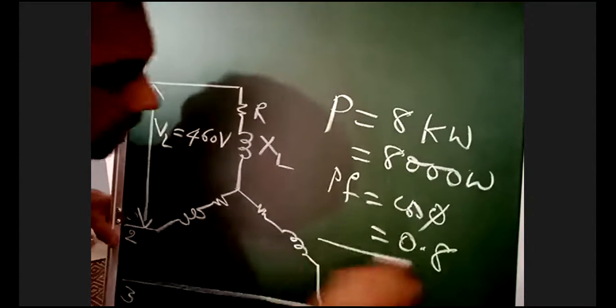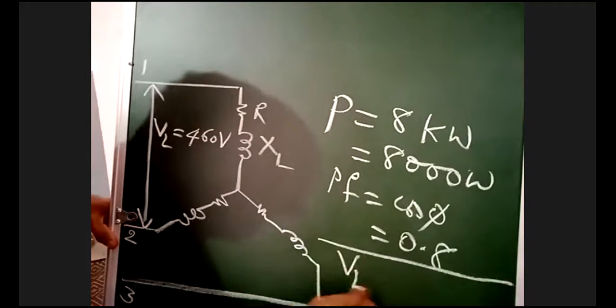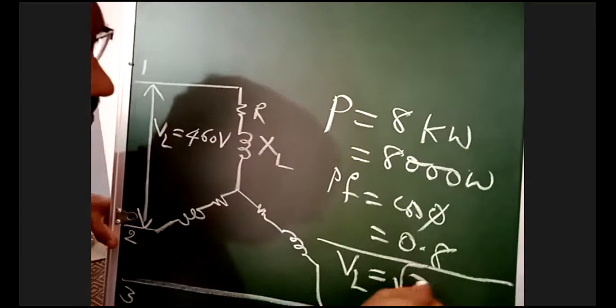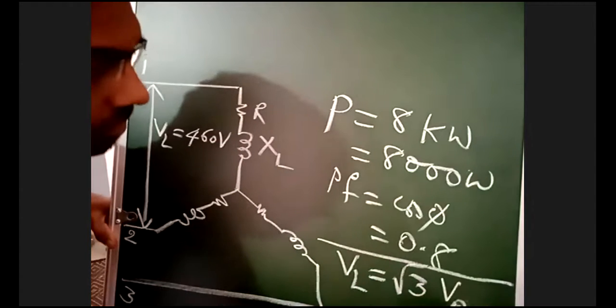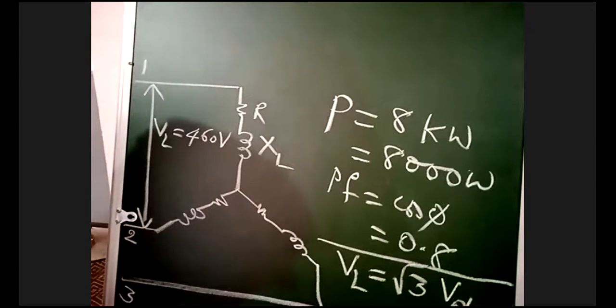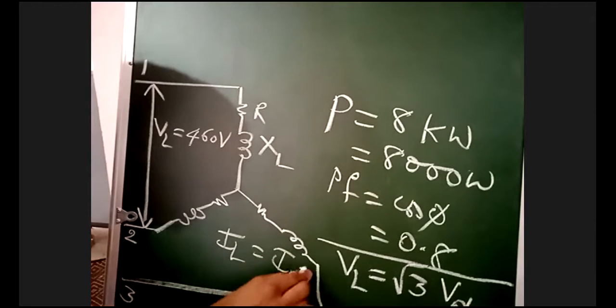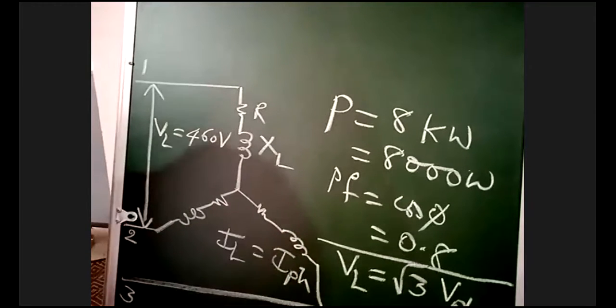Now, in star connection, what are the formulas? VL is equal to root 3 into V phase. IL is equal to I phase. Because star connection is the series connection. In series, current will be same, but voltage will be different.